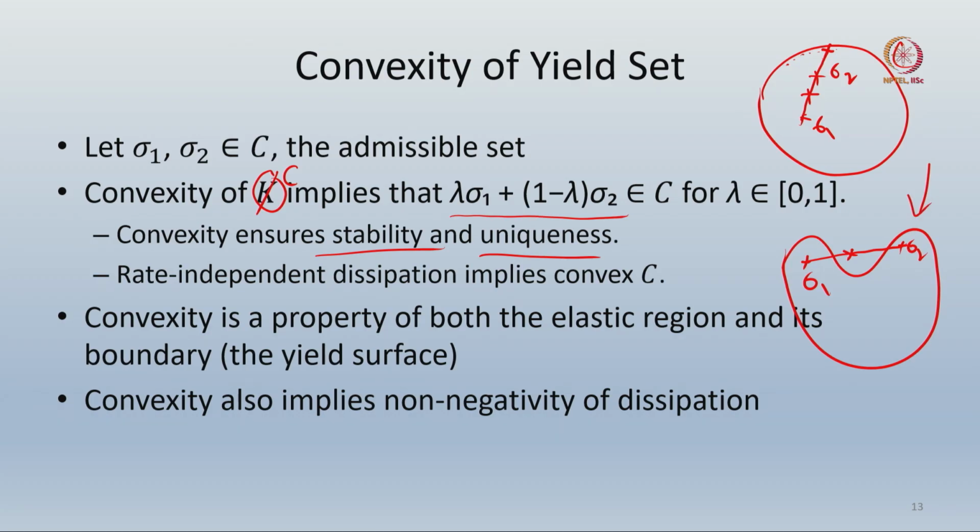Then it turns out that even though sigma 1 and sigma 2 are strictly within C, their interpolated version, which is in between, produces an inadmissible sigma, right, because it is outside C.